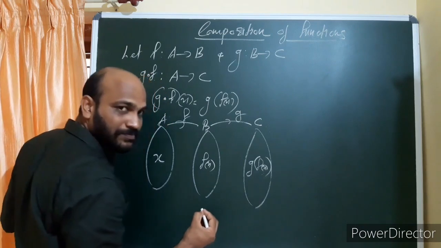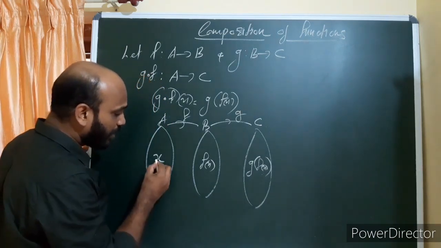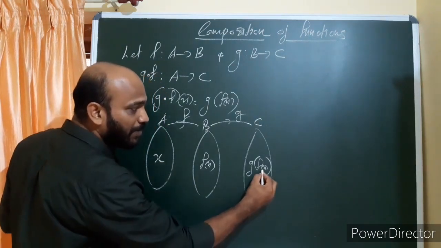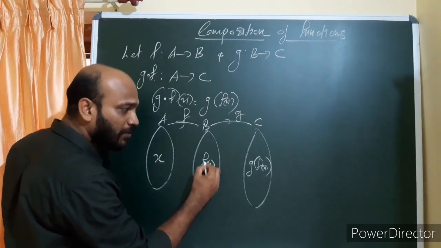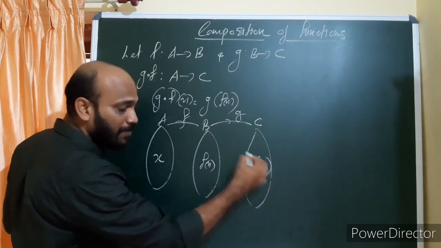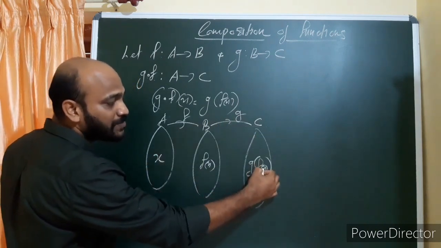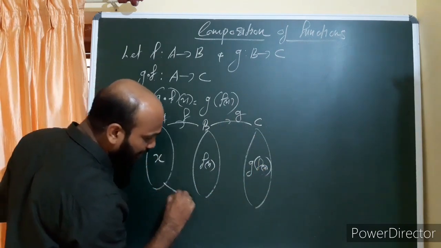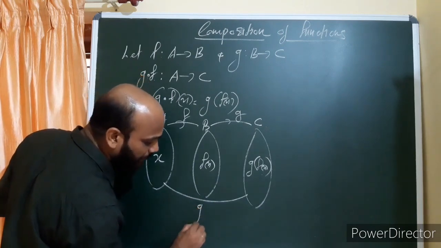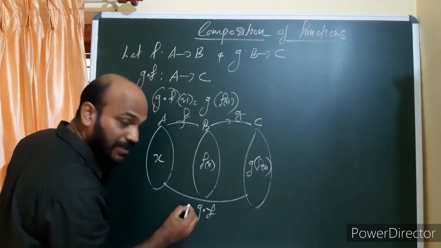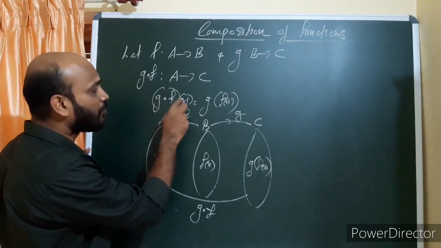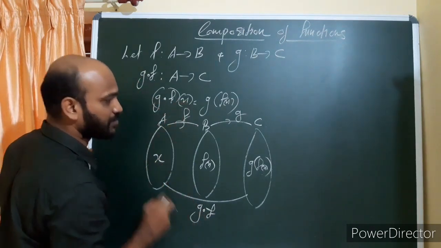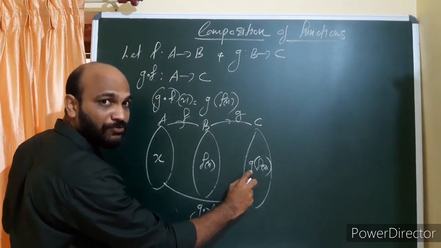So x is related to an element of C like this. Image of x is f(x) and image of f(x) is g(f(x)). So element of A and element of C are related. That relation is denoted by g∘f, and it is defined as (g∘f)(x) = g(f(x)).